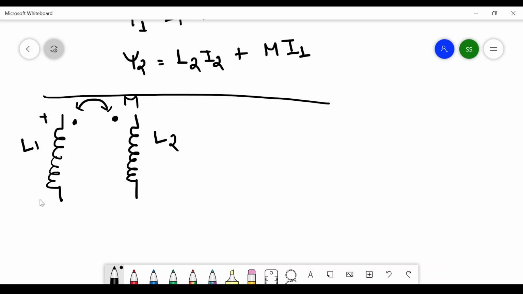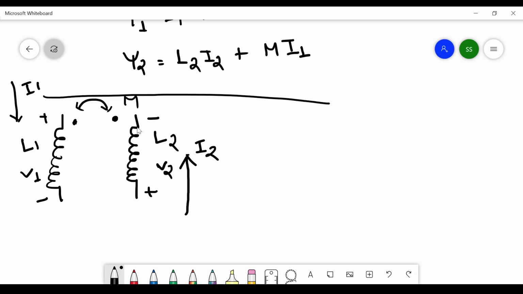Here it is plus V1, and as per the passive sign convention current is flowing in this direction. Here the voltage is opposite, so it is V2, and as per the passive sign convention current will be flowing in this direction, I2.